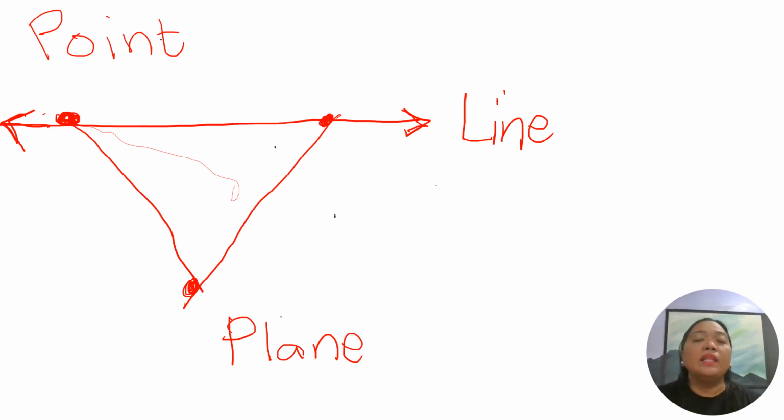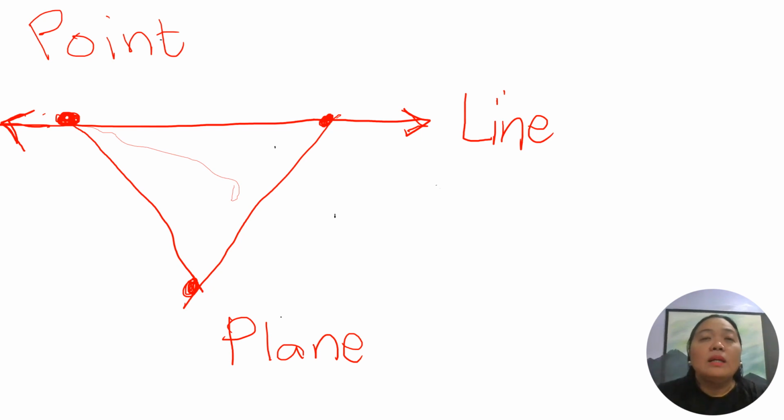So a plane is made up of an infinite set of points, or it is made up of two or more lines. So these three, the point, the line, and the plane, are the best examples of undefined terms. Again, we do not have a formal definition for point, line, and plane, but we can describe them as we see them.